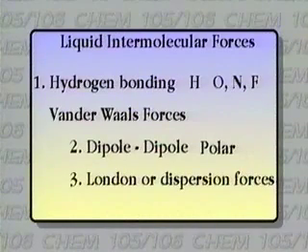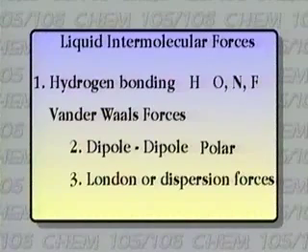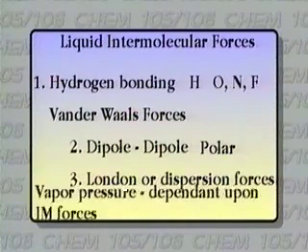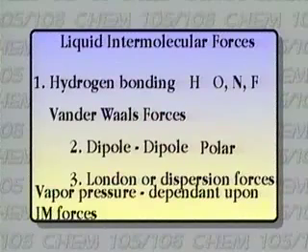types of molecular liquids. One of the physical properties associated with liquids is what we call their vapor pressure. And vapor pressure is one of the properties which is dependent upon these intermolecular forces.